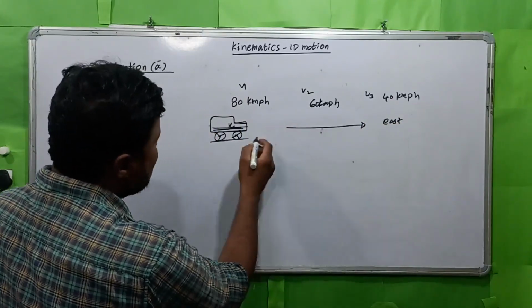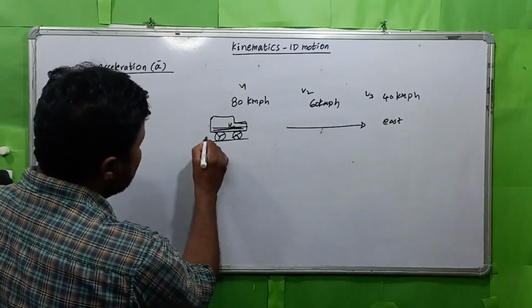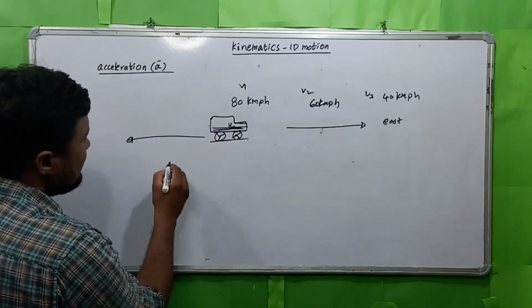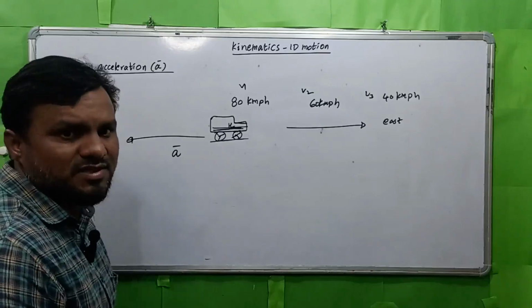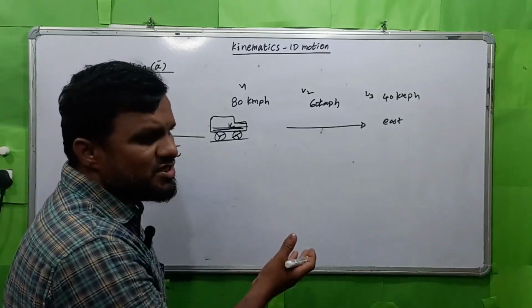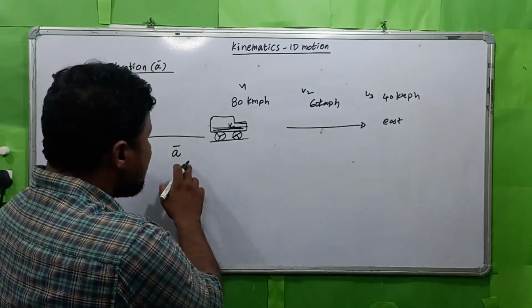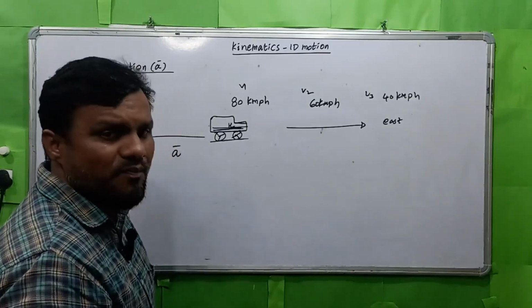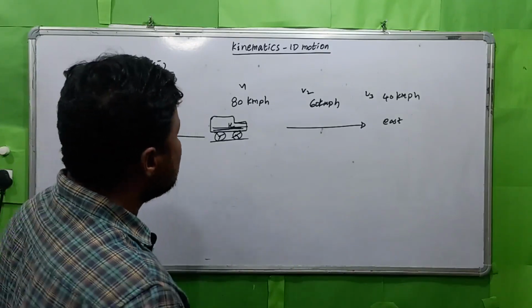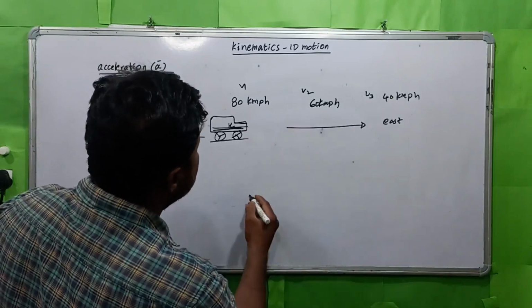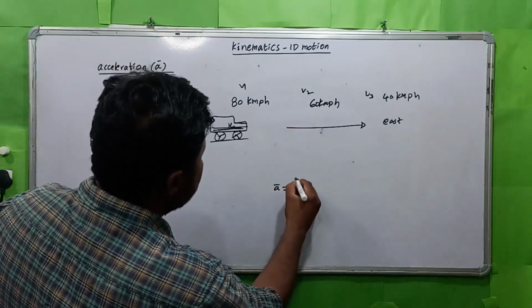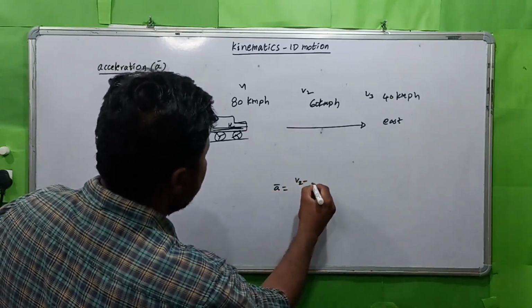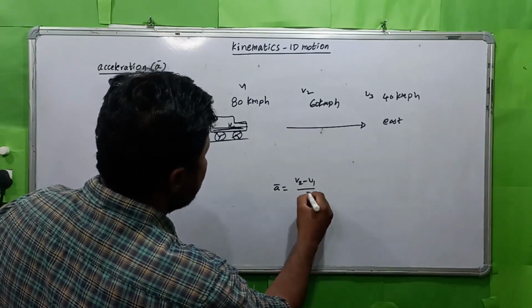Yes or no? It is taking deceleration, means this way. A bar, decelerated motion, nothing but retardation, denoted by letter A bar, but you have to put a negative sign. Why? Because if you observe the rate of change of velocity here, acceleration is change in velocity by change in time, V2 minus V1 by t.